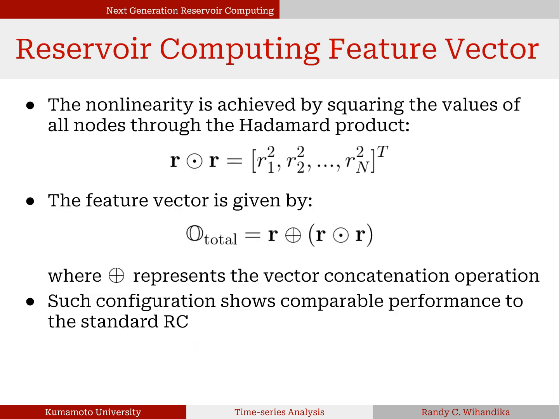The nonlinearity is achieved by squaring the values of all nodes through the Hadamard product, symbolized by this symbol right here. So the feature vector in the standard RC is given by O total equals R, concatenated with the result of the Hadamard product, where this operator is the vector concatenation operation. And such a configuration shows comparable performance to the standard RC.